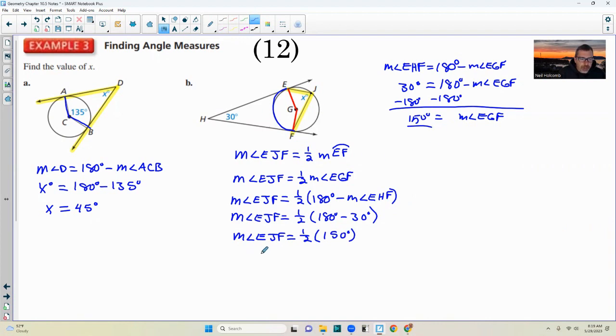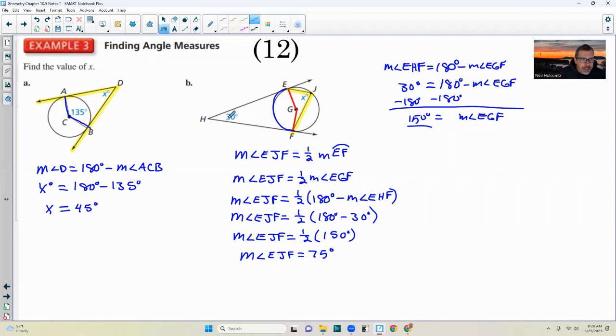That's where that's coming from. If I take half of that, the measure of angle EJF equals 75 degrees. So EJF is 75, EGF is 150, and the arc EF is 150 degrees.